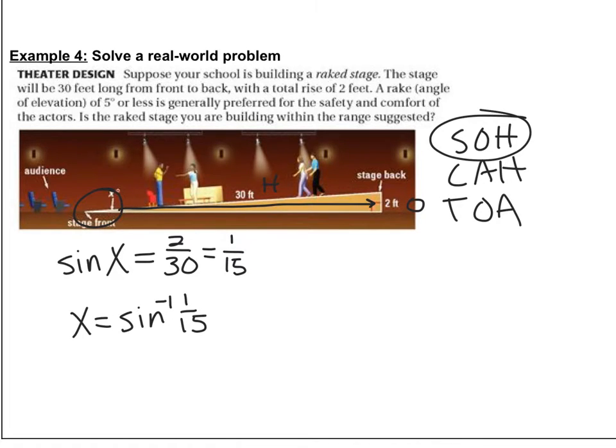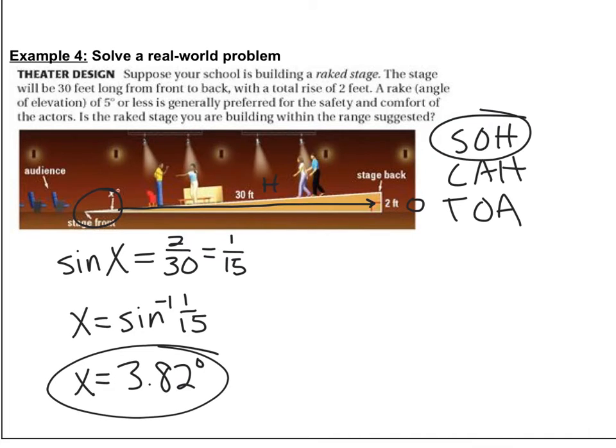Plug that into your calculator, 1 divided by 15. You will find that the angle measure for x is 3.82 degrees. So they said they prefer the angle of elevation to be 5 degrees or less. This is obviously less than 5 degrees, so this is well within the range of the suggestion.